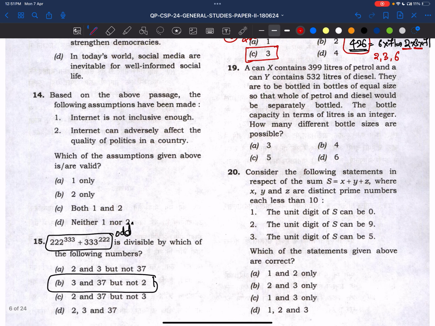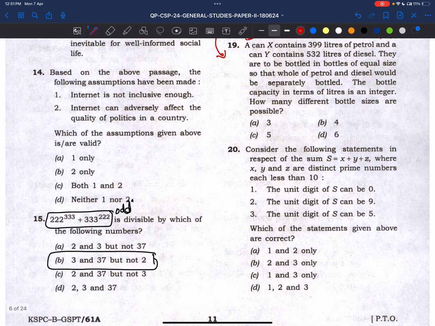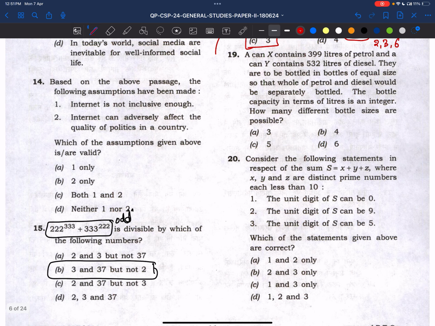See the 19th question. This is also an HCF application only, but the answer is different. A can X contains 399 liters of petrol and a can Y contains 532 liters of diesel.